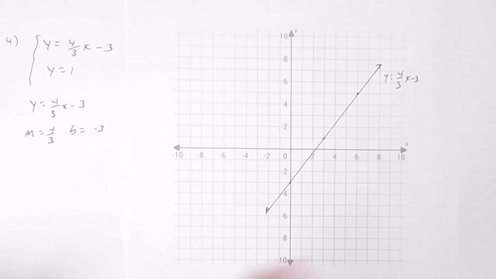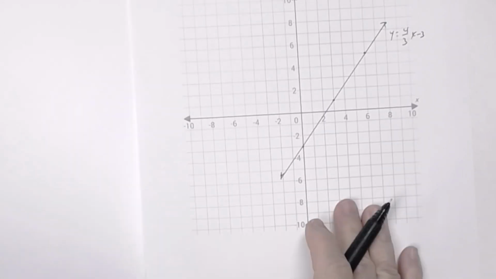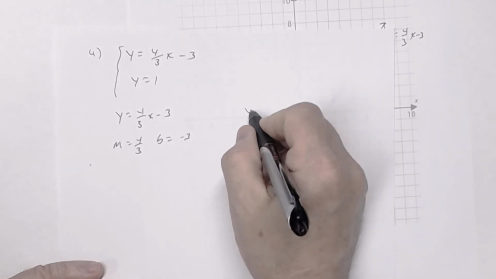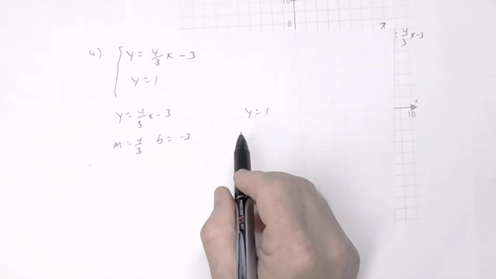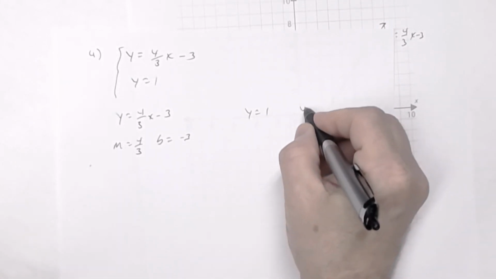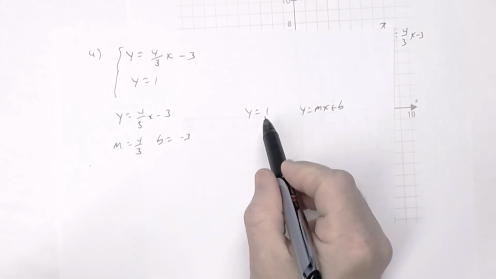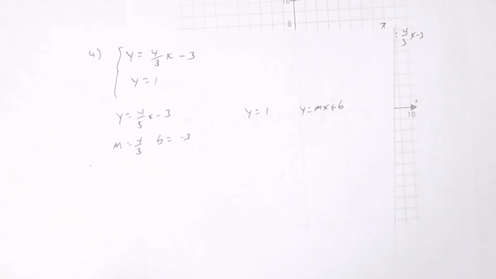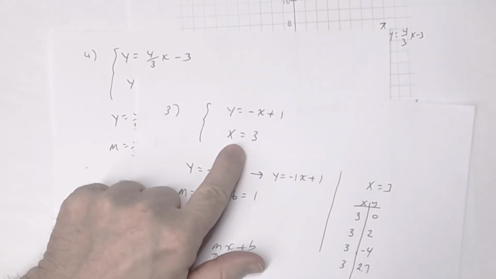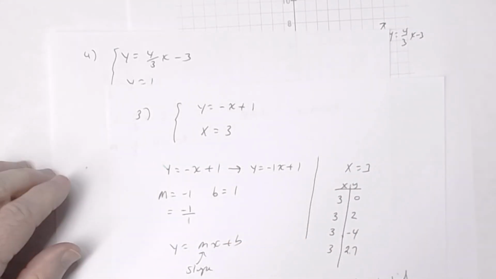Now let's talk about y equals 1. Y is by itself, right? So since y is by itself, we can talk about slope-intercept form. Notice, though, there's no x here. In the previous problem, there was no y, so x equals 3 is a vertical line.